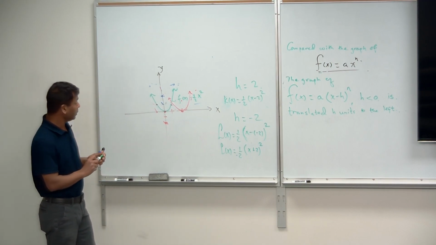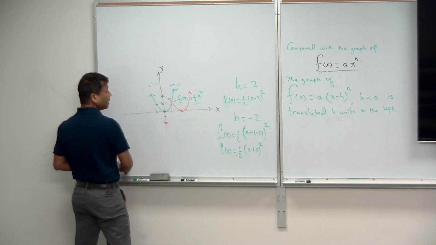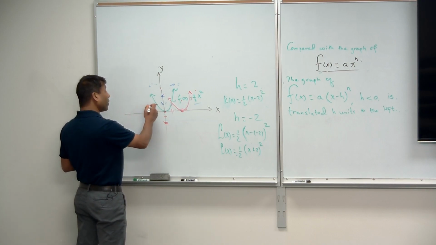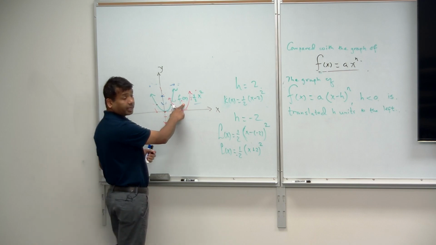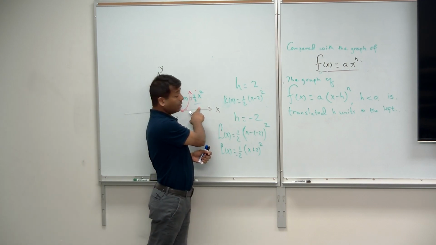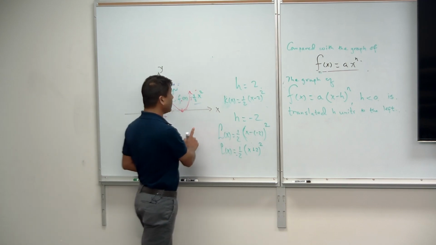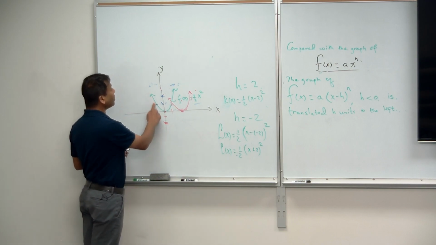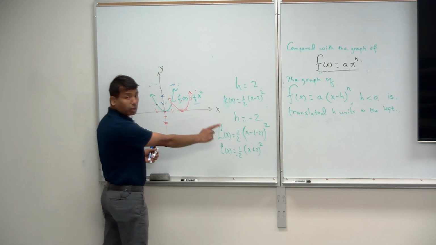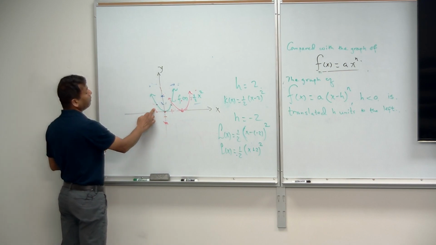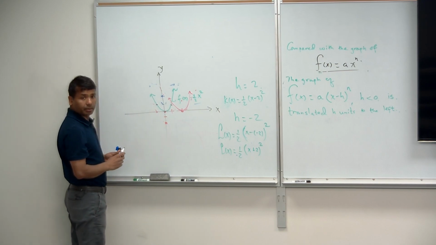So this graph is shifted, like you see, the green one is the graph of f(x) equals half x squared. The graph of this function is obtained by shifting this graph 2 units to the left. Make sense?